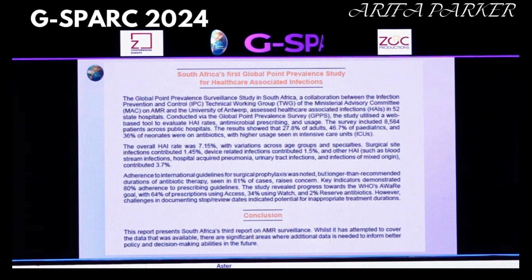Of the 8,500 plus patients, 41% had a peripheral line, almost 5% had a central venous line, and almost 15% had an indwelling catheter. So this is data that we haven't had before, and of concern, and what I can see from other GPPS results, including that from India, is that the duration of surgical prophylaxis was longer than the guidelines recommended.